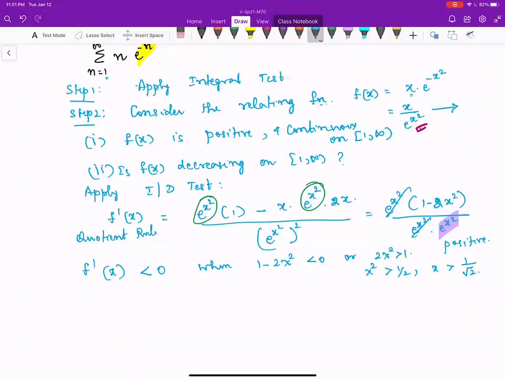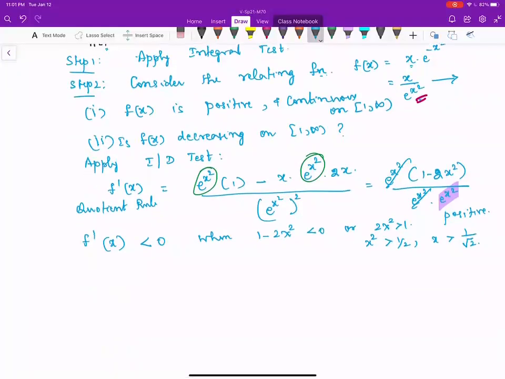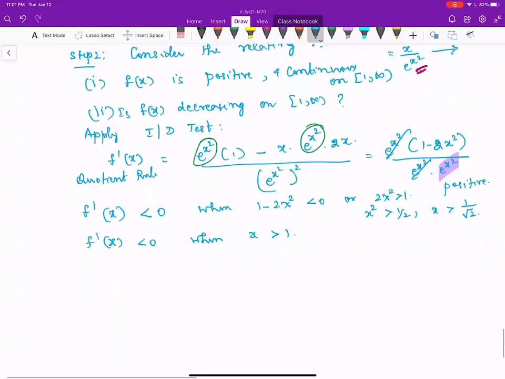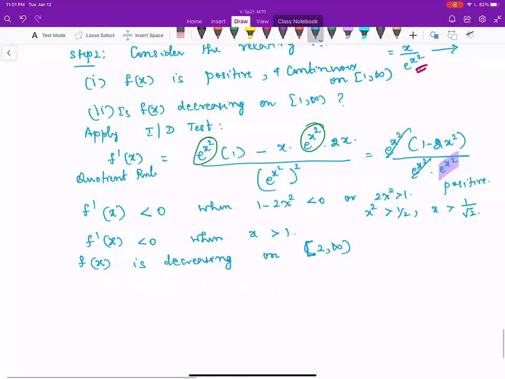One over radical 2 is approximately 0.7, which tells us that f prime x would be less than 0 when x is more than 1. So f of x is decreasing on 1 through infinity, or we can say 2 through infinity, 2 inclusive. So it is eventually decreasing.